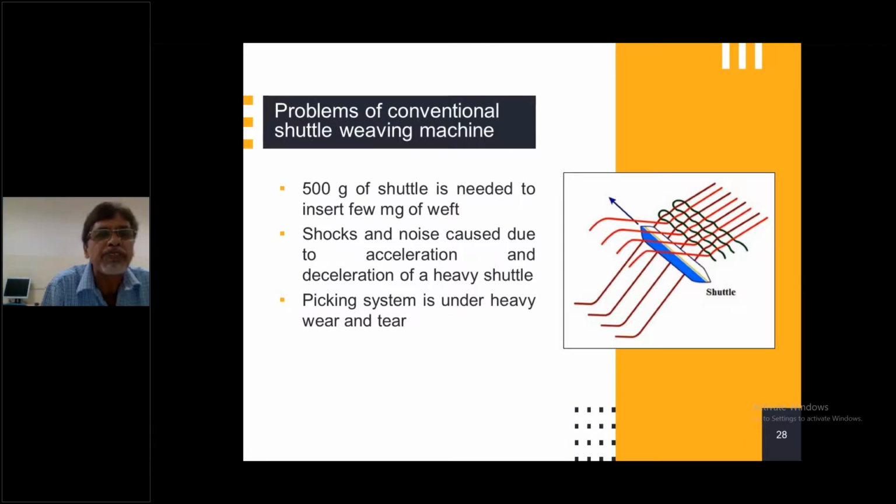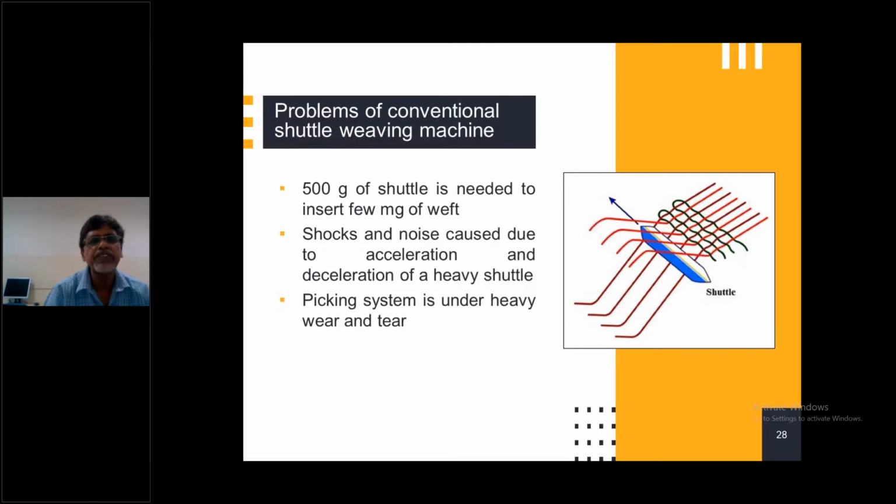So this is the first problem of the machine: just to insert a few milligrams of weft, we are accelerating and decelerating 500 grams of material. It creates a lot of noise and machine vibration, and puts the system under huge wear and tear. So it creates problems from noise to wear and tear.